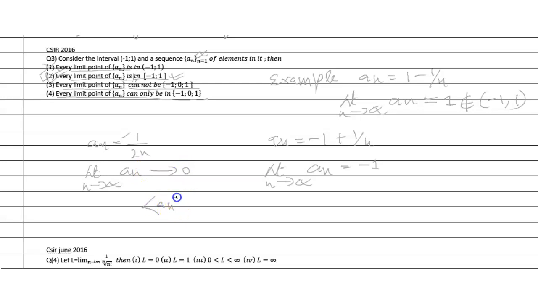So a_n equals 1 by 2, and 1 by 2 belongs to [-1, 1]. So this portion is correct.